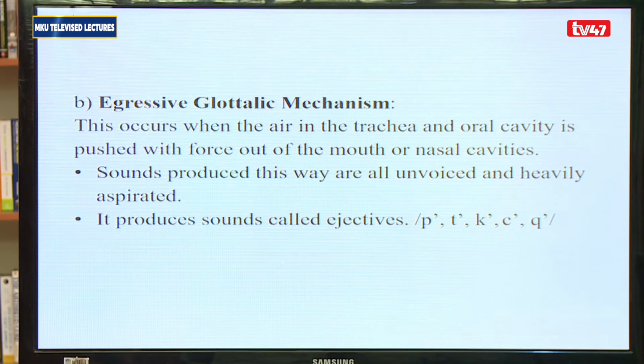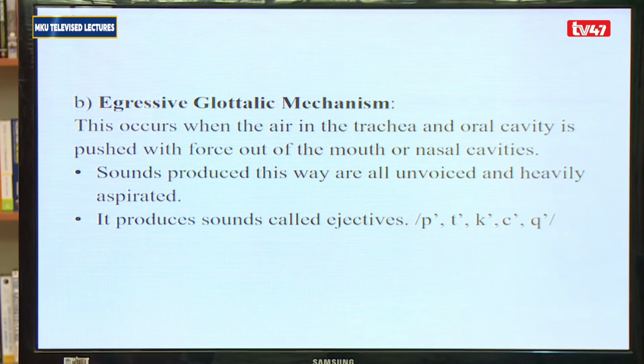So here the air is pushed out. Sounds produced in this way are all unvoiced or voiceless, and we will say that they are heavily aspirated. As we move on with this unit, we shall be able to find out what we call voiced or voiceless.